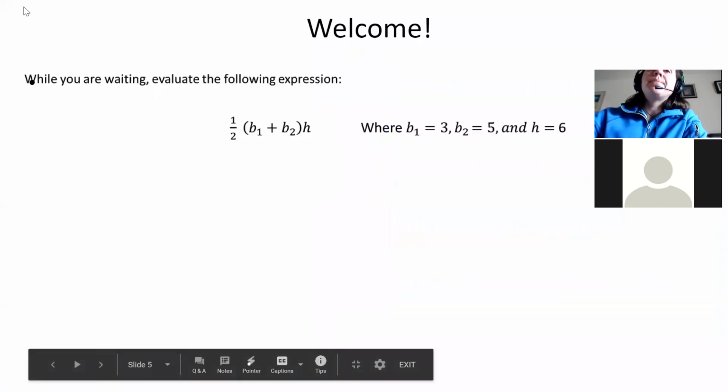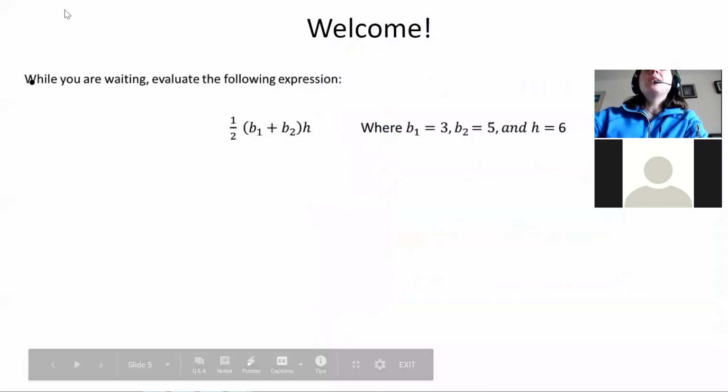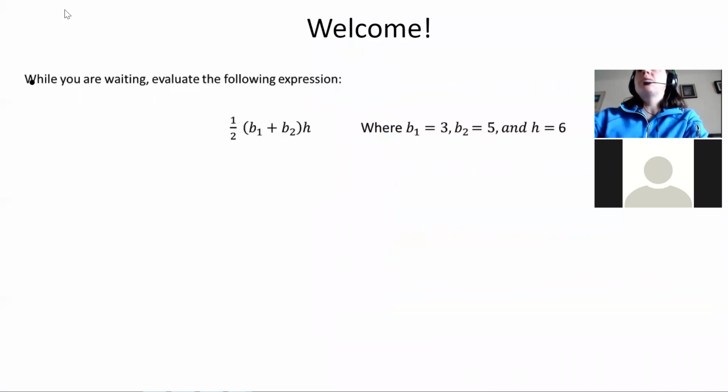Okay, we're going to talk about evaluating expressions. That's pretty much what we're doing today. You're going to be given a formula, and then you're going to be given certain values for each of the variables in there. Look at our formula here: 1/2 times base 1 plus base 2 times height.